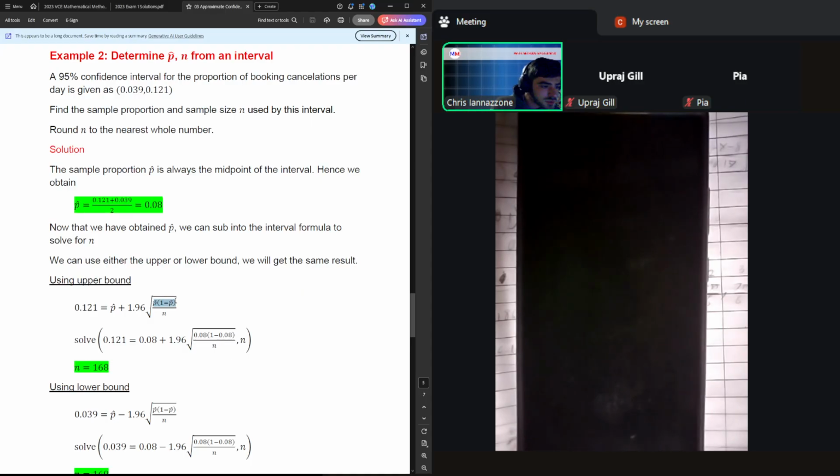You would see that all the p hats would disappear, and then all you would have to do is either CAS solve for n, or if it's tech-free, of course, just rearrange for n. So all in all, when you have an interval, you can figure out the p hat and n value, and even the z value in some circumstances, as long as you're given something else to help you with that.